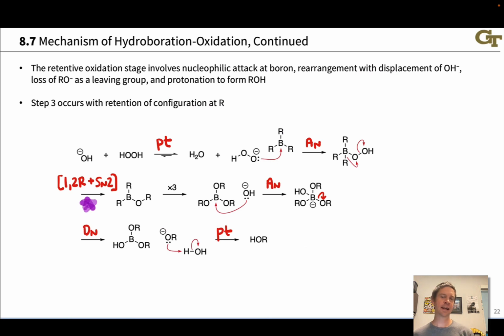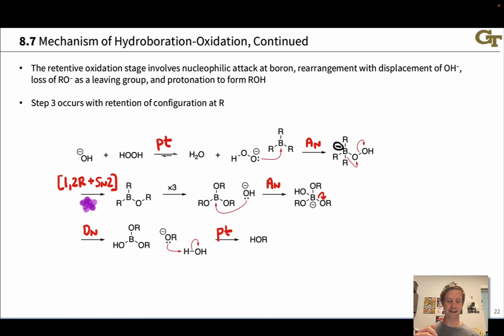So the second stage involves combination of a hydroxide salt, typically sodium hydroxide, with hydrogen peroxide. This generates small amounts of the hydroperoxide anion, which is a nucleophile, and adds to boron, which is a great Lewis acid, great electrophile, and we end up with this complex, and I'm realizing now this should be negatively charged, right? Essentially the negative charge, at least formally, has been transferred from oxygen to boron.